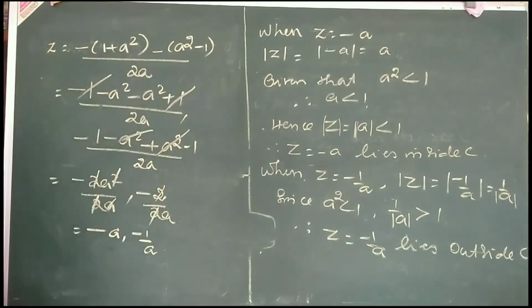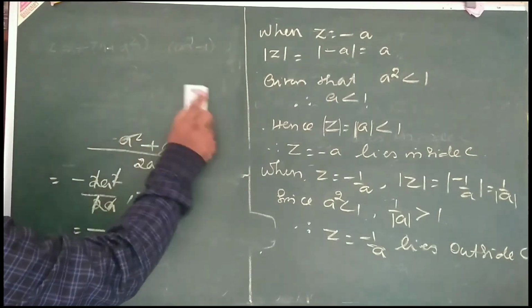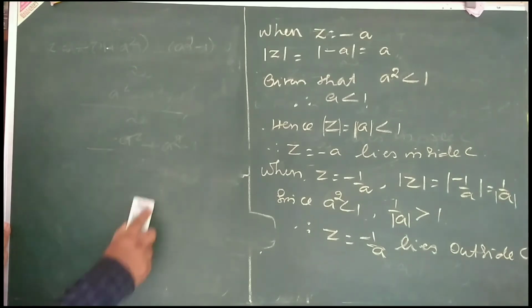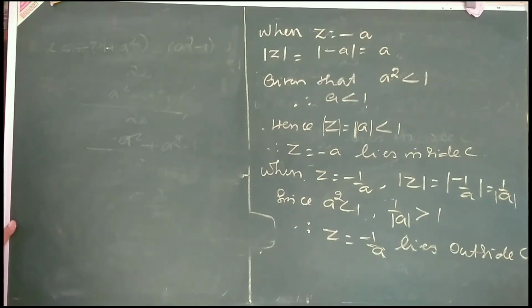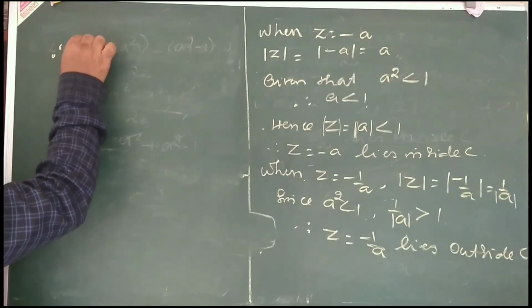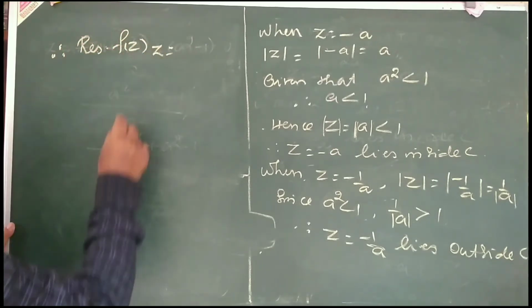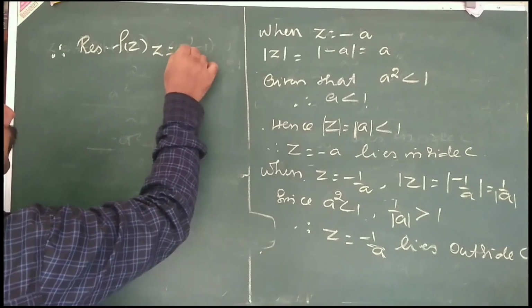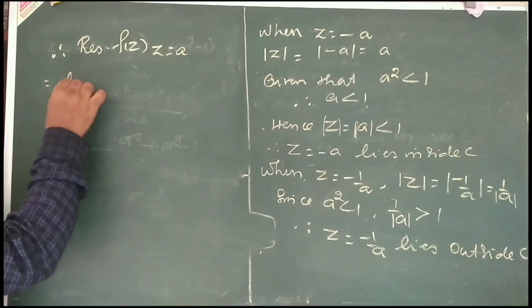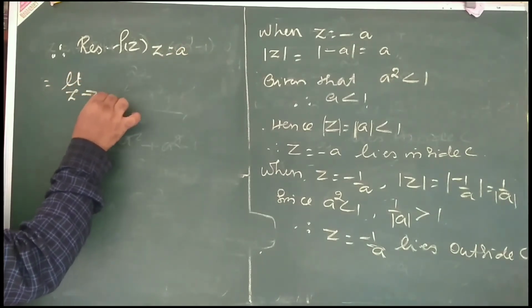Now find the residue. What is the residue? Therefore, residue of f of z at z is equal to a, equal to limit z tends to a.